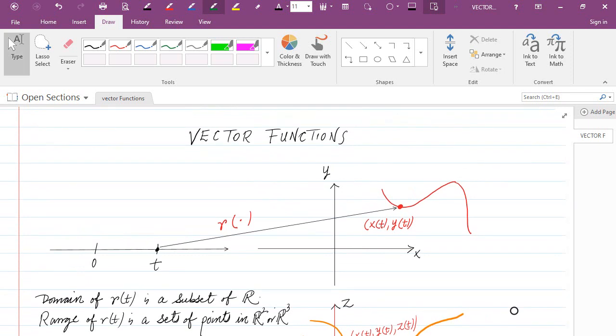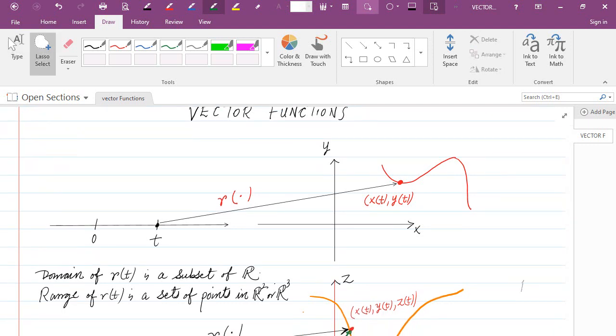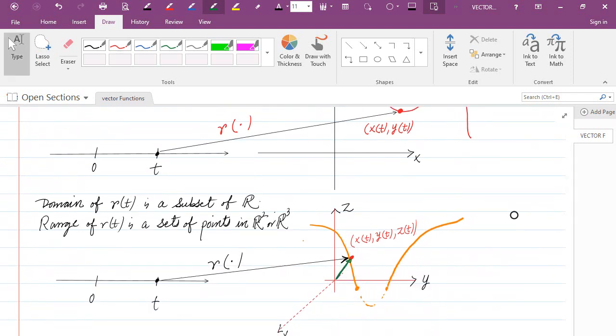So the domain of a vector function is a set of real numbers, and the range of a vector function is a set of points on a curve, or you can say the range is a curve, and it's a curve in R2 or R3, or in fact, we can do this in any other dimension.